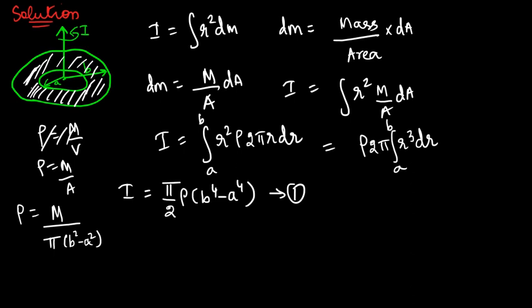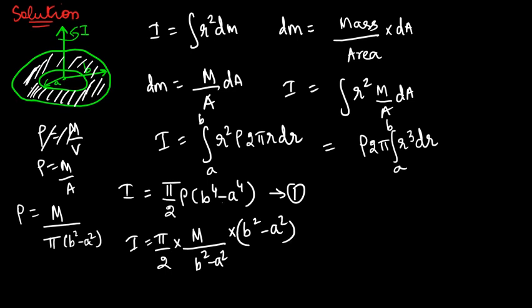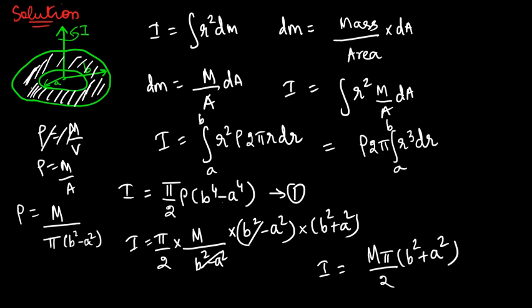So I am going to substitute this term in my moment of inertia. So my I will be pi by 2 into m divided by pi times b square minus a square, and this is simplified as, so now the moment of inertia I is equal to m by 2 times b square plus a square.